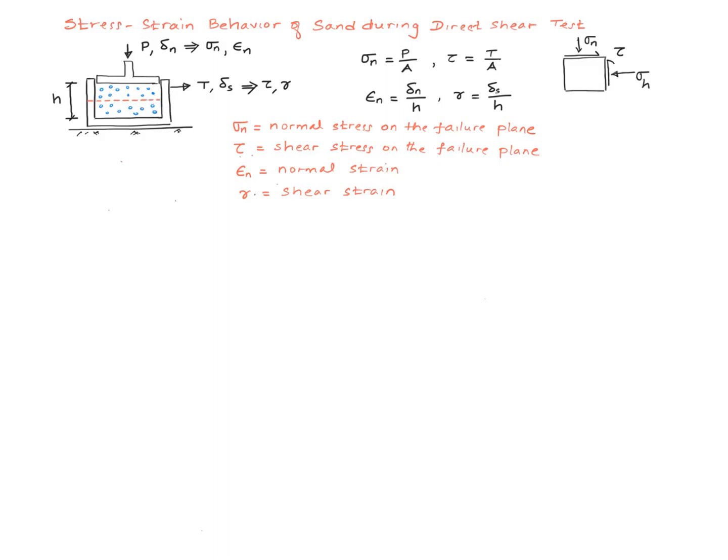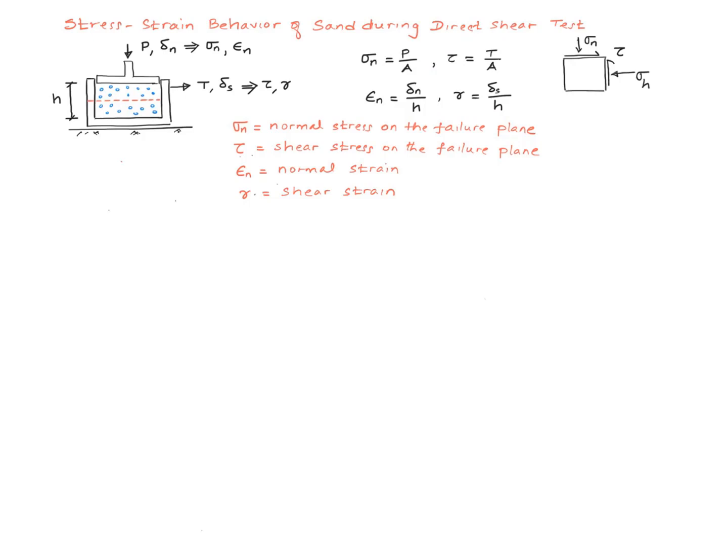From delta N, I can calculate the normal strain by this equation, where little h is the height of the specimen. In the horizontal direction, T is the shear force, delta S is the horizontal displacement. From these two quantities, we can calculate the shear stress and the shear strain by these two equations respectively.